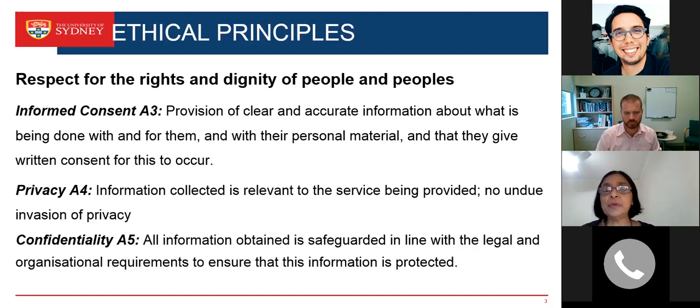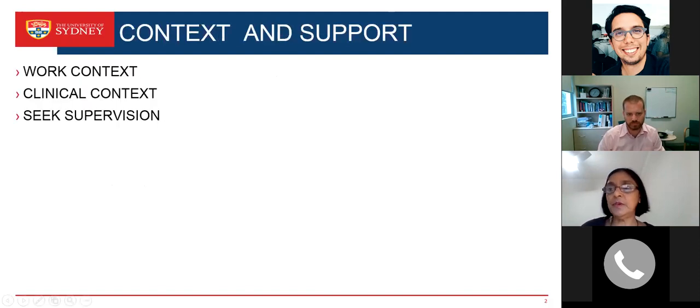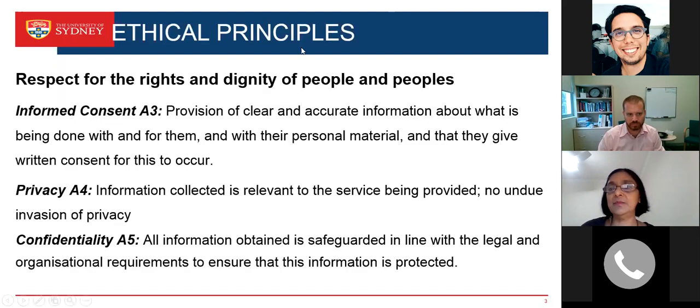So the first principle is the principle of respecting the rights and dignity of people and peoples. That's the first general principle in the code. And of the 3 aspects of that principle, the first one is informed consent. So when we write a record, we need to keep in mind informed consent.